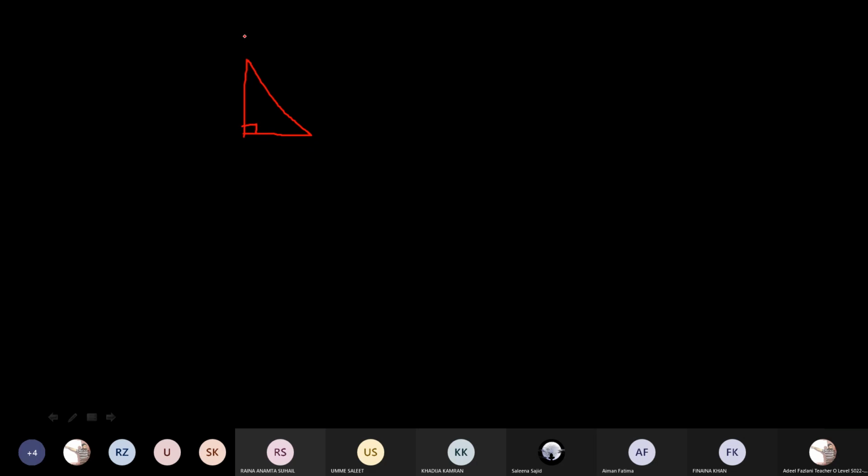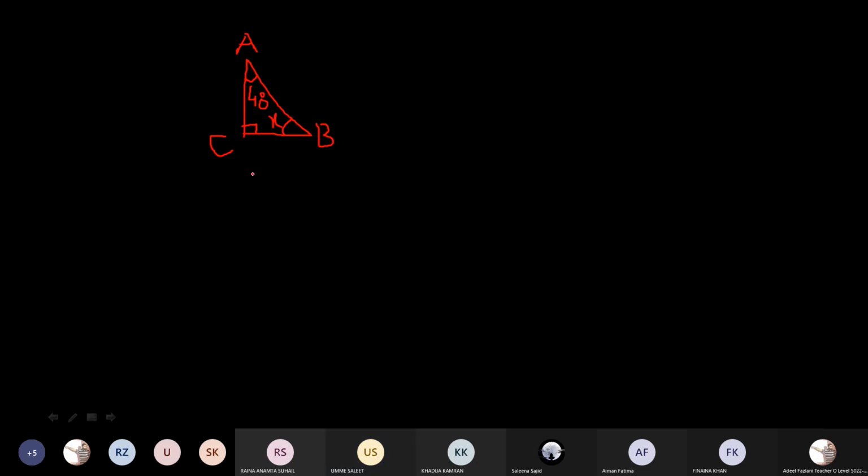If I'm going to name this triangle A, B, and C, and this is X and this is, let's say, 40, you tell me what is the value of X. Come on, Salit, be quick now. 50. How have you found? What is the logic behind? We will add and then subtract from 180. Okay, you are adding and then subtracting from 180.